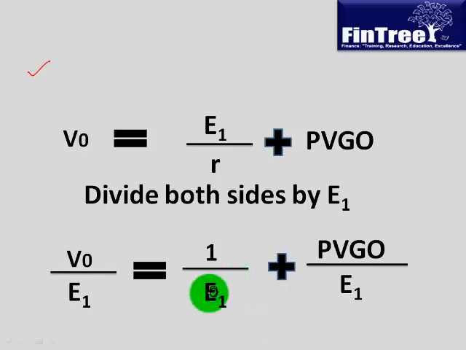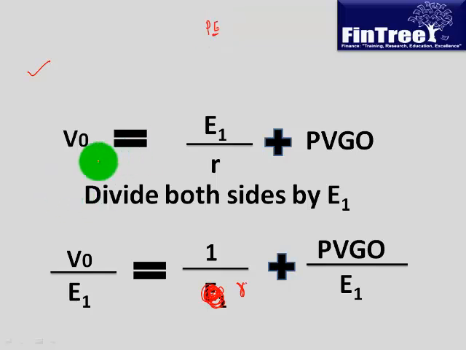So this is 1 by R. See, now what this is telling you is the same intuition is now working for the price earning ratio.